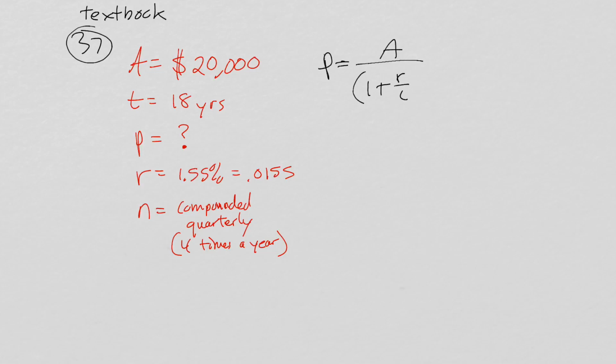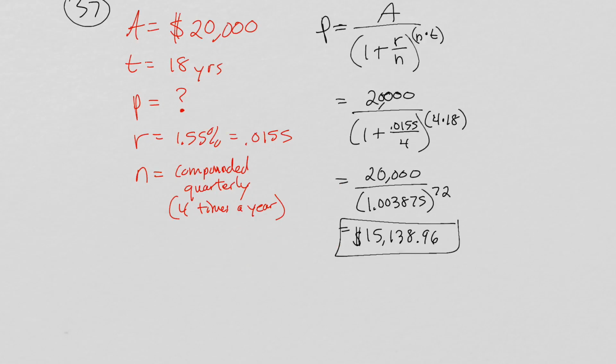Okay, so go ahead and stop the video, plug in everything, and see how you do. Okay, let's see how you did. $15,138.96. So if your calculator can handle it, then you can just type all this in.